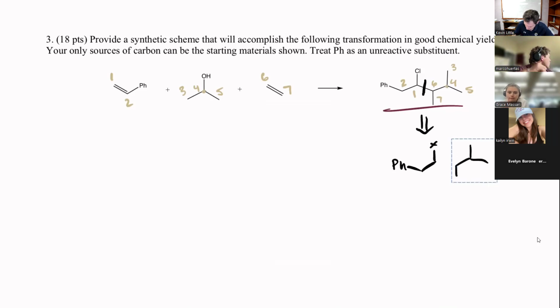So my first thought, whenever it comes to making a carbon-carbon bond, is what? Grignards. So with a Grignard, I need 2 pieces. One MgBr and one what else? A carbonyl. Period. End of story.